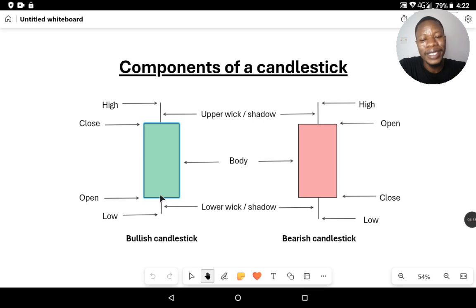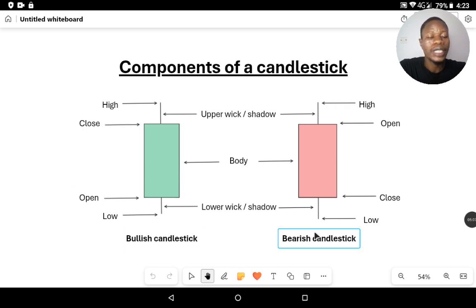So the market later went down, came back up, went up, and came down a little bit. And when it was closing, it closed at let's say $5. From $2 to $5, there has been an increment. So that's why the open price is always at the bottom, while the closing price is always higher than the opening price for a bullish candle.